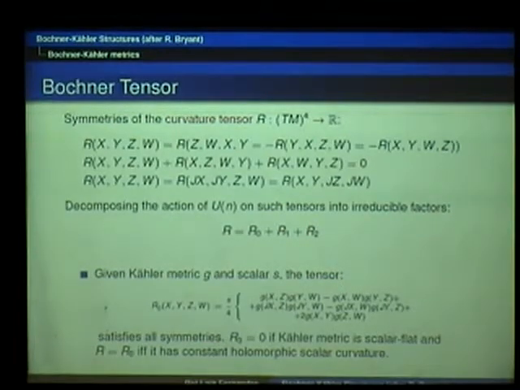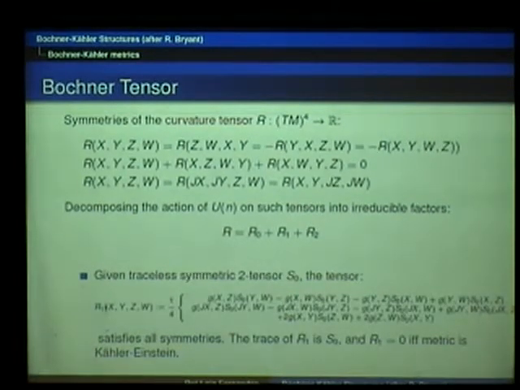So a metric which has R0 equal to 0 will be a scalar flat metric. And a metric will have only R0 if it has constant holomorphic sectional curvature. So that gives you an idea of what that first term is.